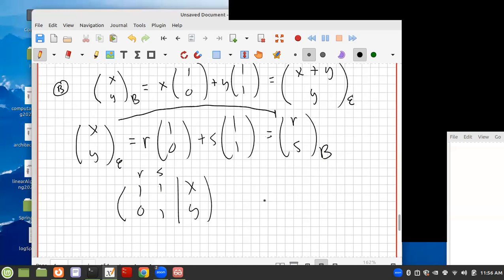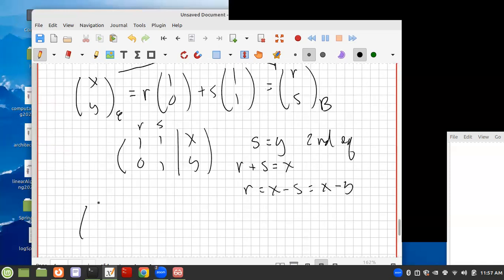Well, it's already in echelon form, so we can see that s equals y from the second equation, and then r plus s equals x, or r equals x minus s, which equals x minus y. Therefore, (x, y) in the standard basis equals (x - y, y) in basis B. Okay, do you see that?